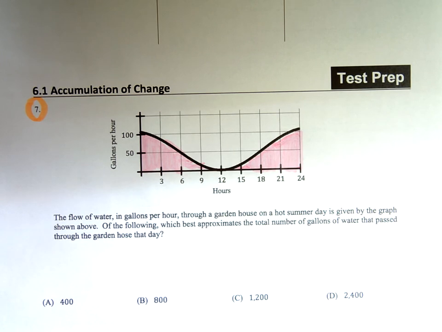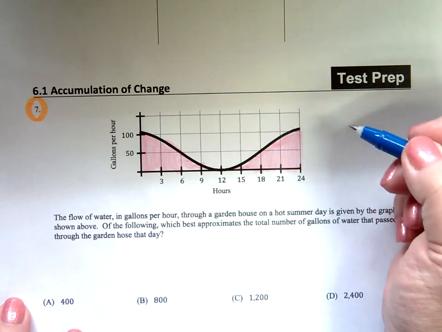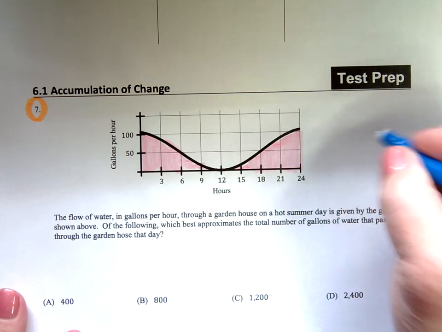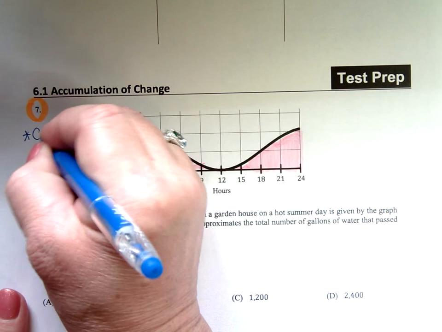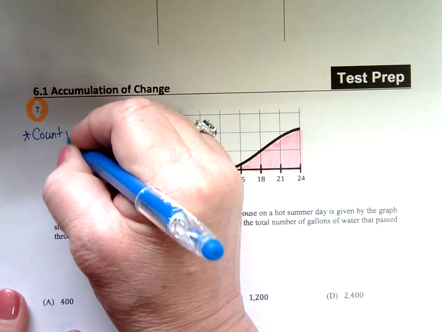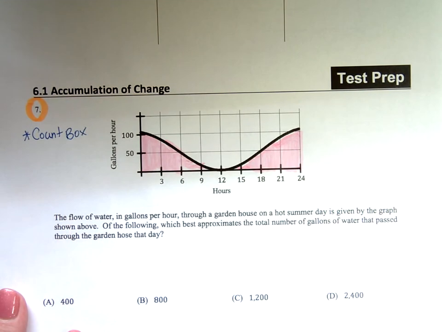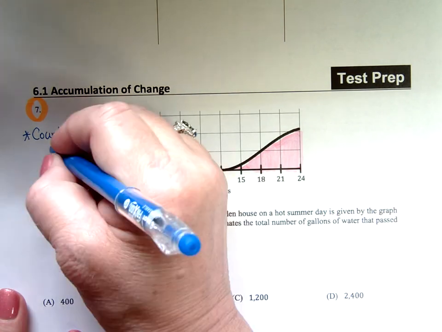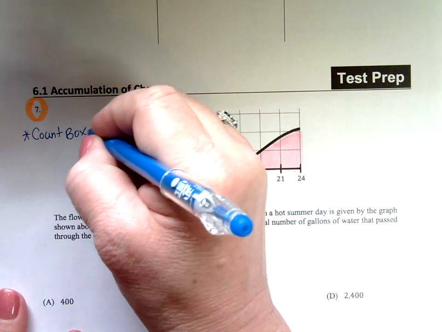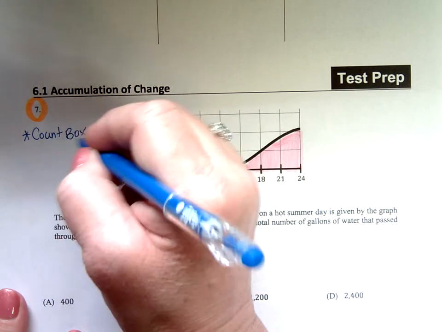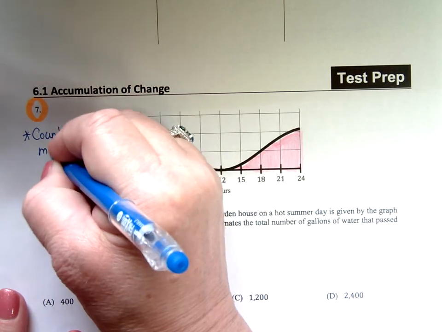I don't have a perfect square or rectangle or trapezoid, which makes this one entirely different than the ones you had seen previously. So what you're going to do is estimate it by counting boxes. You're going to count the boxes, and then multiply by the box value.